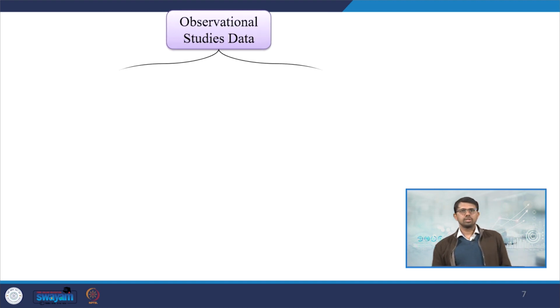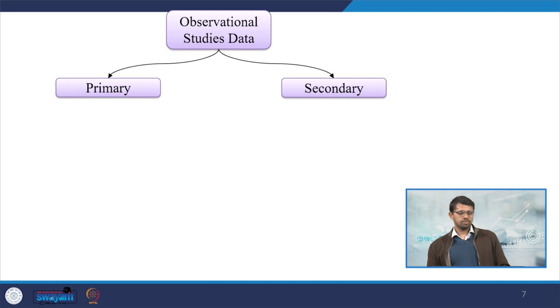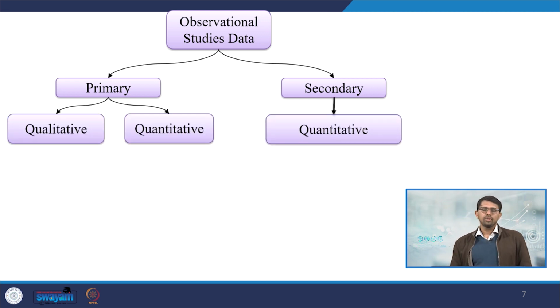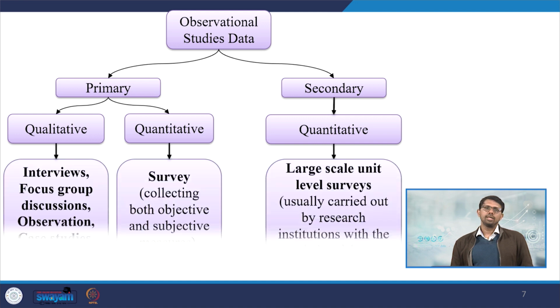Understanding the observational studies data, it is broadly of two types. One is at the primary level, another is secondary. Primary is again of two types, qualitative and quantitative, and secondary is quantitative in nature.